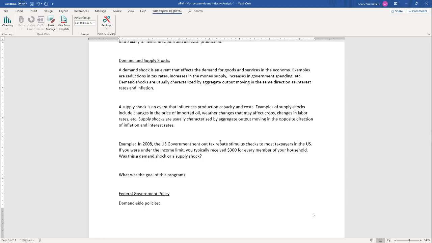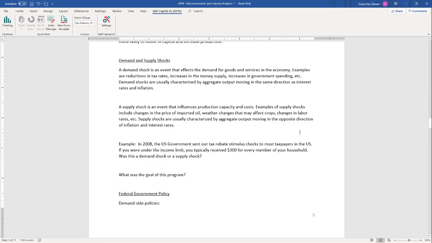In this case, it would have been a demand shock because the goal was to get people to increase demand, to go out and spend the money. In fact, that was the instructions: we're sending you this money, go out and buy stuff. And unfortunately, a lot of people didn't do that. They used it to pay off their credit cards, or they stuck it in the bank.